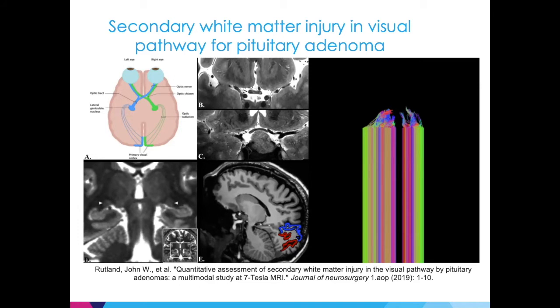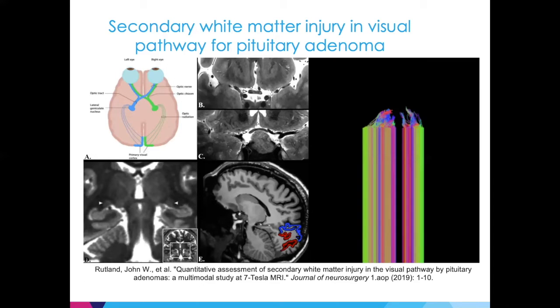So this is actually a slide showing that beyond looking at the utility of 7T for treatment and planning, we also looked at markers for damage to pathways due to these lesions. No one really has explored this in the past. They know that these lesions are causing symptoms in that moment due to compressing against certain structures.